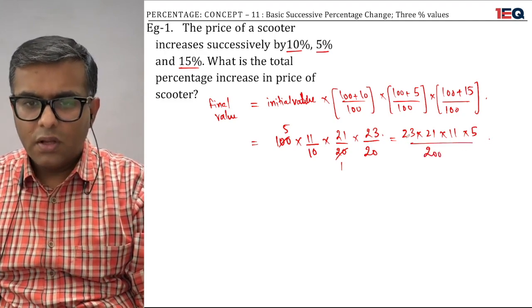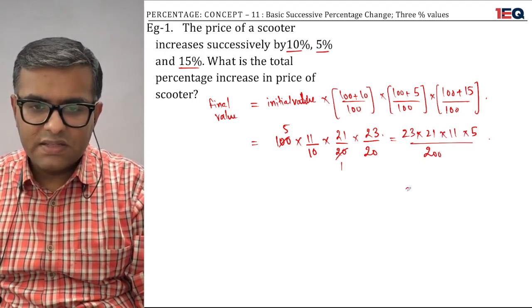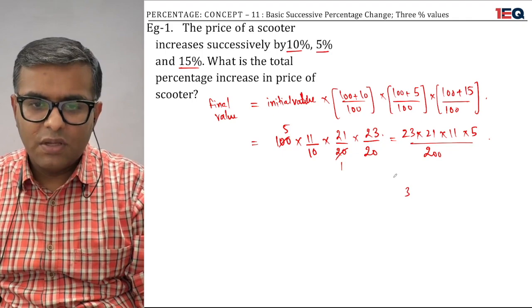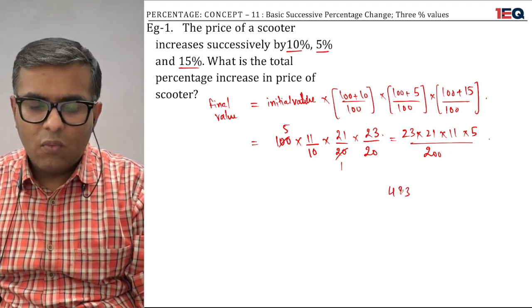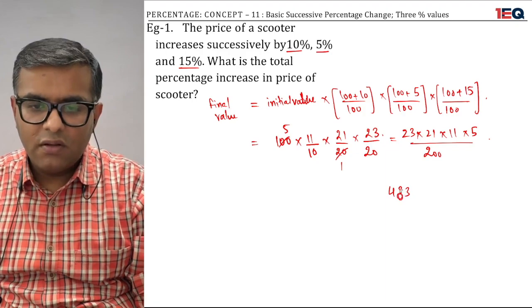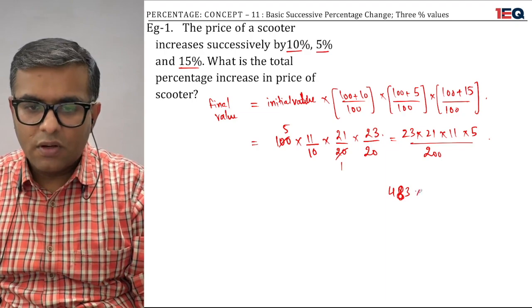Okay, now let me start solving it. 23 into 21. 21 threes are 63. 6 would be here. 21 twos are 42. 42 plus 6, 483. Why am I using the bigger numbers first? I've already told you about it.